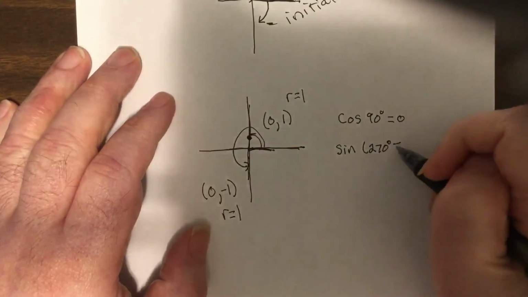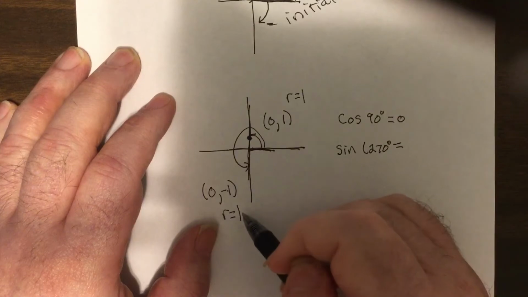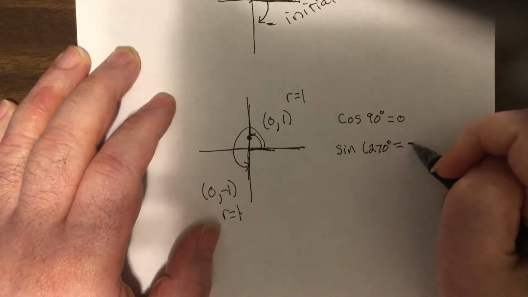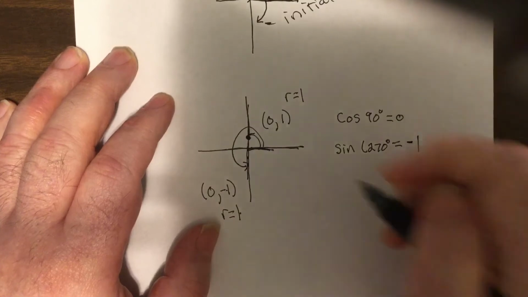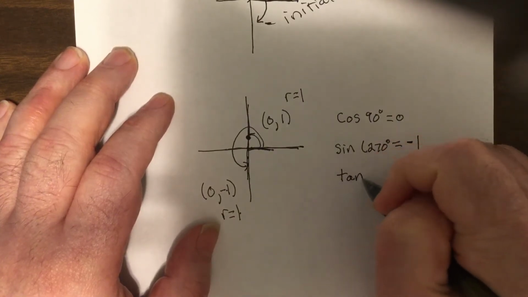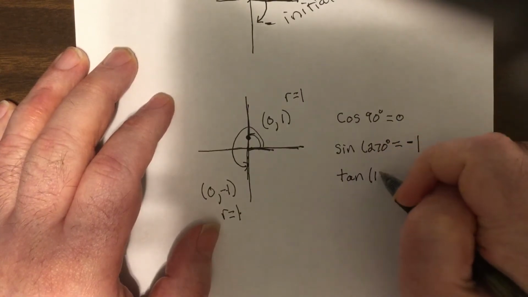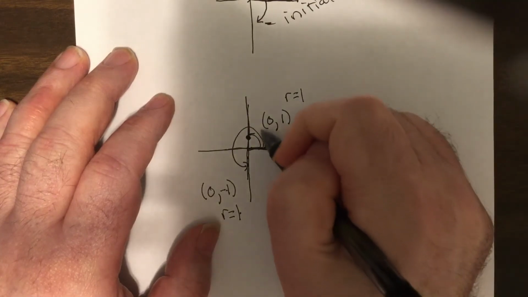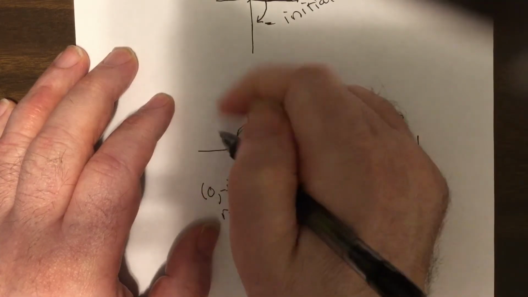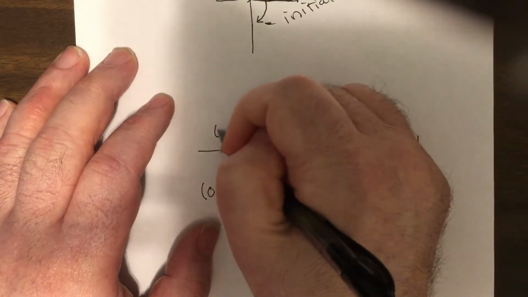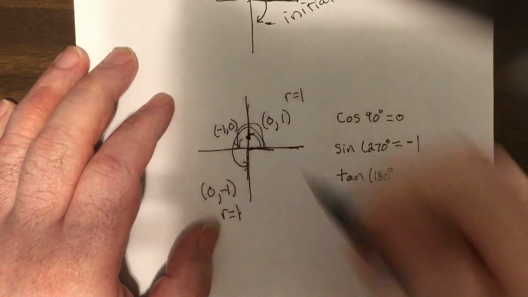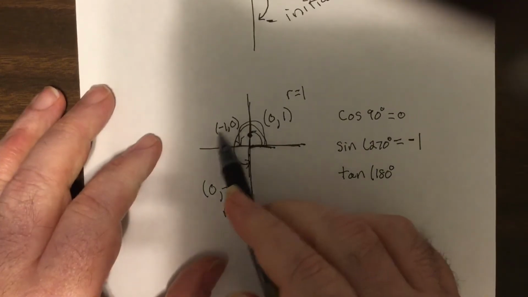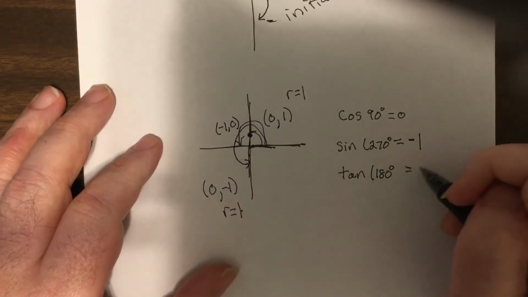So for 270, y over r is sine, so it'd be -1. Then if I said, what's the tangent of 180? You'd say, okay, 180 is right here. That would be the point (-1, 0). Tangent's y over x, so it'd be 0 over -1, which is 0.